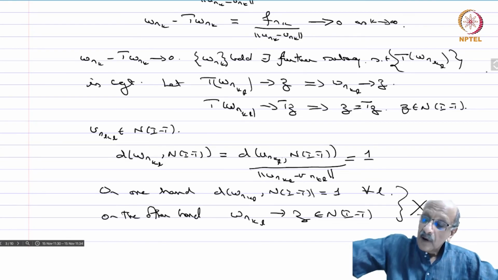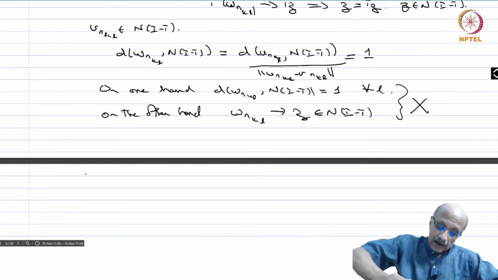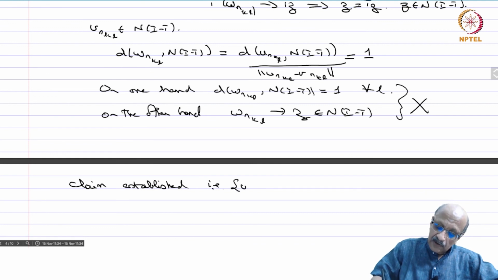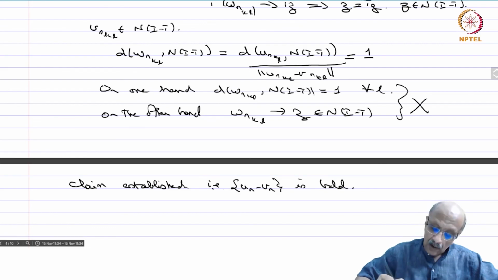That's not possible, and therefore the claim is established. That is, Un minus Vn is bounded.